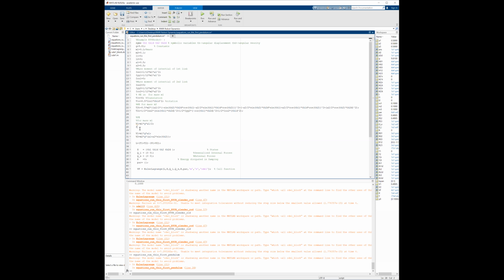Potential energy for mass M2 is going to be... so this is the slender rod.